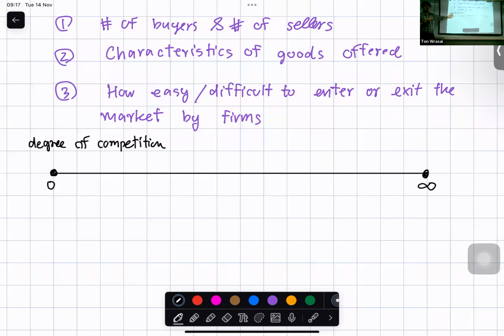So let's look at the spectrum of competition among firms. On the left-hand side, let's say there is no competition in this type of structure, zero. On the other side, very extreme, competition is very intense among firms. So the perfectly competitive market is on the right-hand side.